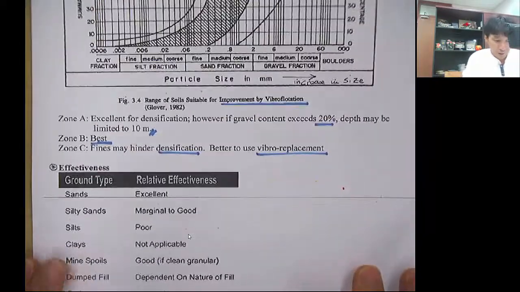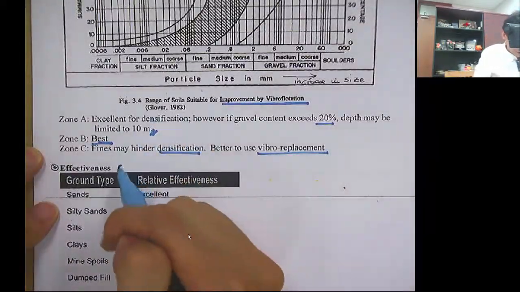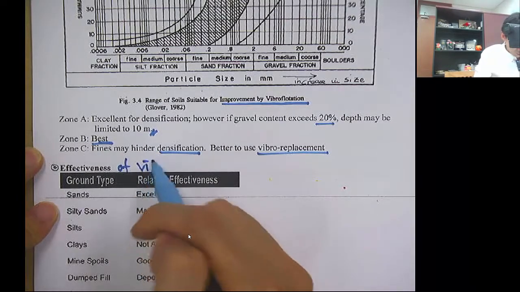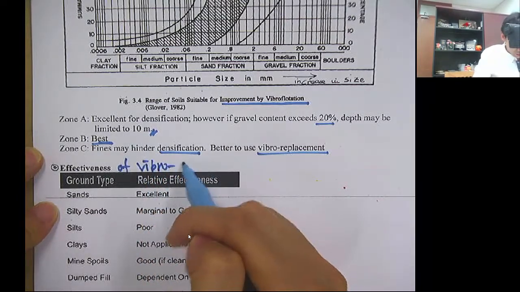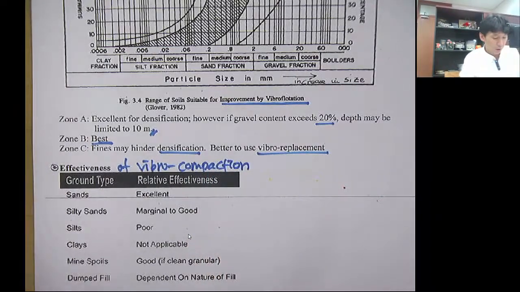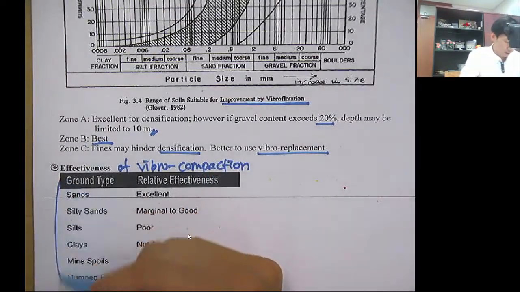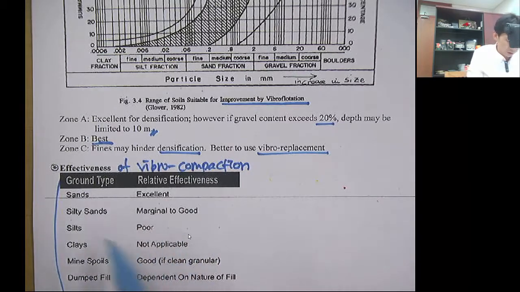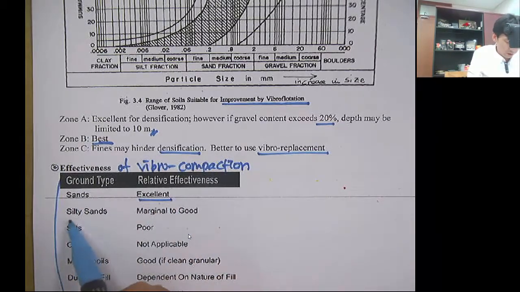So the overall effectiveness of the vibral compaction technique can be tabulated like this: sand is excellent, silty sand is marginal to good, silt is poor effectiveness, and clay is not applicable.